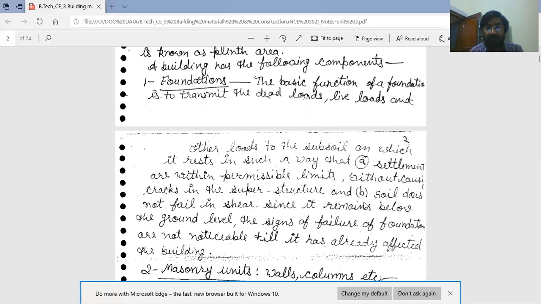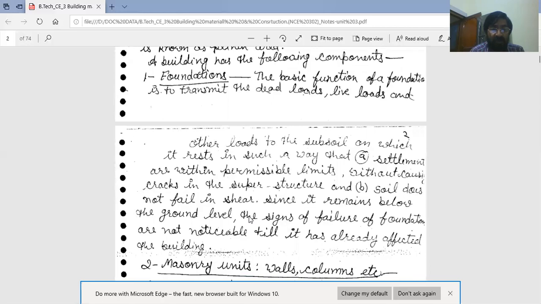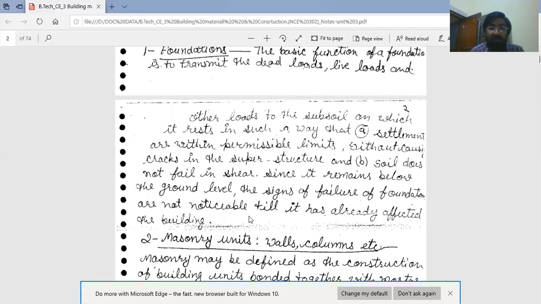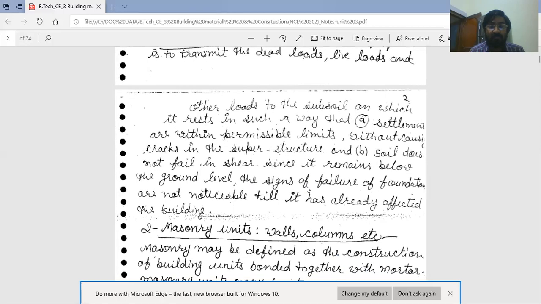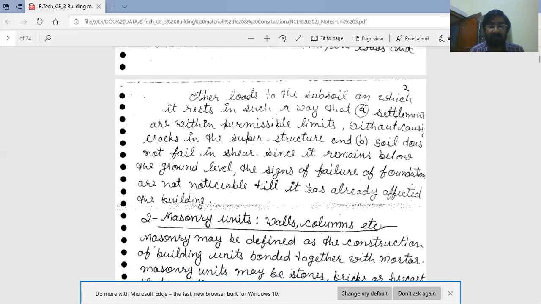And second purpose, soil does not fail in shear. Since it remains below the ground level, the signs of failure of foundation are not noticeable till it has already affected the building. So, design of foundation should be done very carefully.